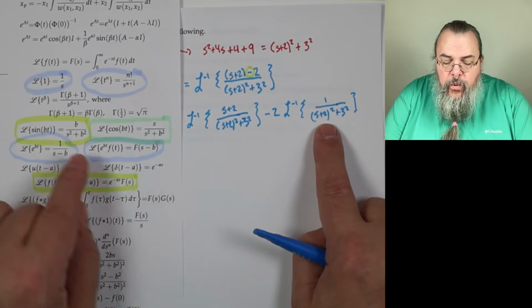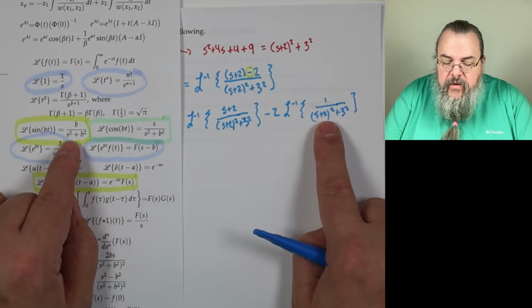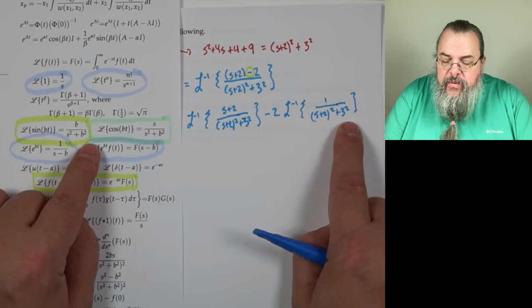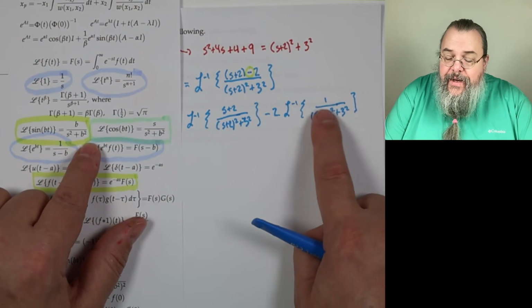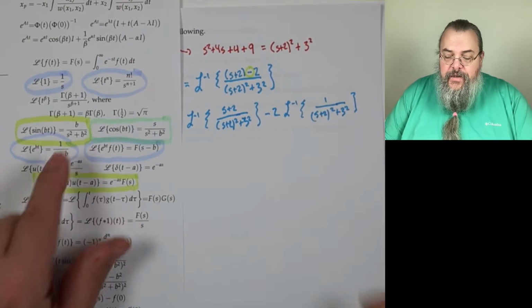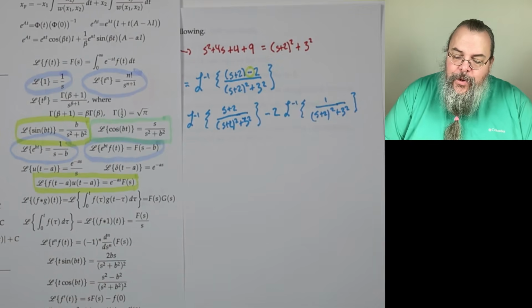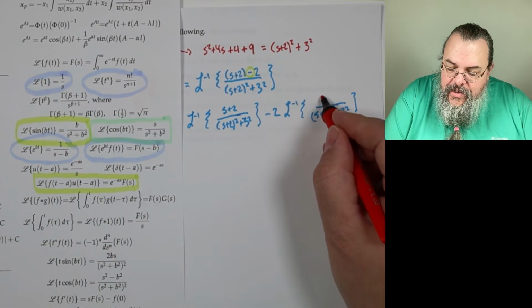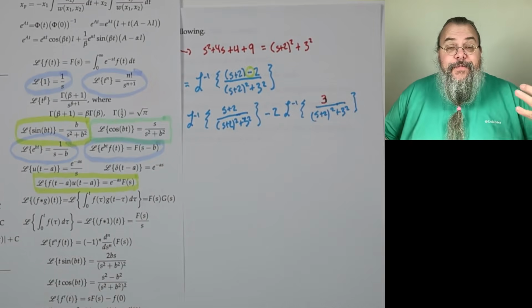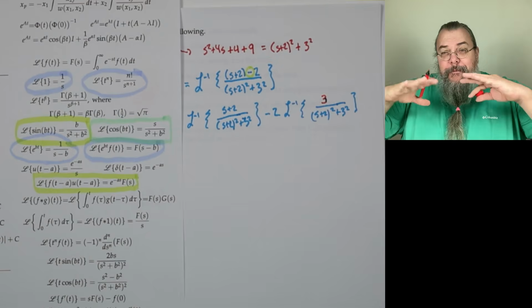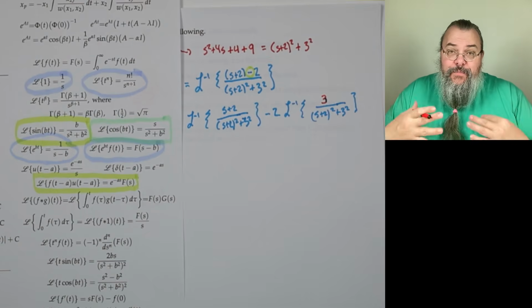Here, we say, whoa, wait a second. I see it like it's roughly s squared plus b squared, but I don't have a 3 upstairs. I have a 1. We can fix that. So what do we do? We put a 3 upstairs. If we have a problem, we fix it. But then we make sure it's the same problem.